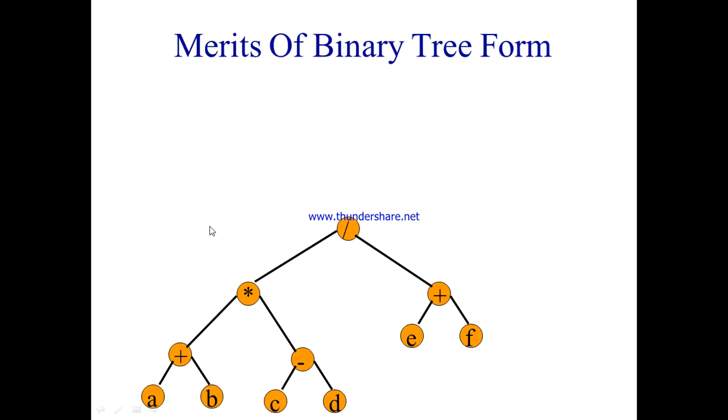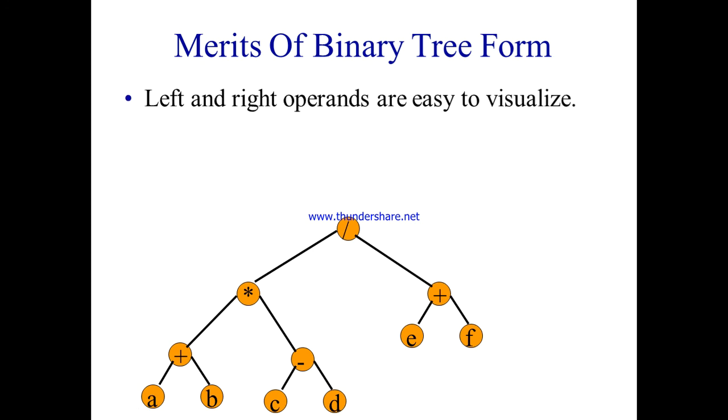So this is the binary tree representation. Okay, so what are the merits of representing it in this way? The left and right operands are easy to visualize, yes or no? If I am taking the division, the left operand is a subtree and the right operand is also a subtree.